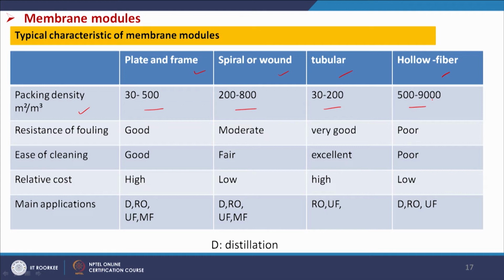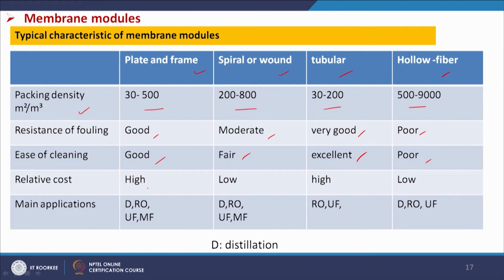So, hollow fiber gets much higher packing density than the others. Resistance to fouling: plate and frame has good resistance, spiral wound moderate, tubular very good, and hollow fiber poor. Ease of cleaning: good for plate and frame, where after a certain interval we can change it, fair for spiral wound, excellent for tubular, and again poor for hollow fiber.